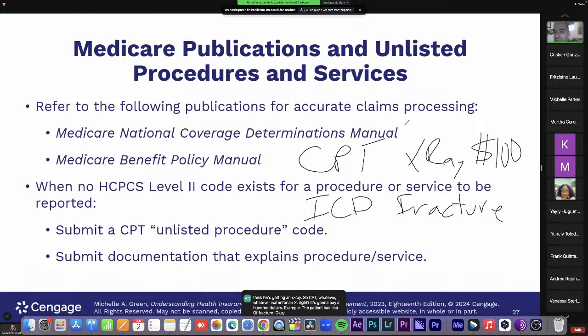The fracture does not change the amount for the X-ray. The fracture makes the X-ray medically necessary. If I have a fracture and then I do an X-ray, that's normal. Yes, pay $100. If instead of that ICD, I put an ICD for pregnancy.